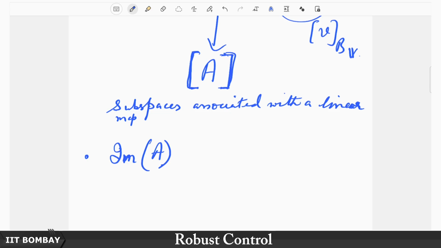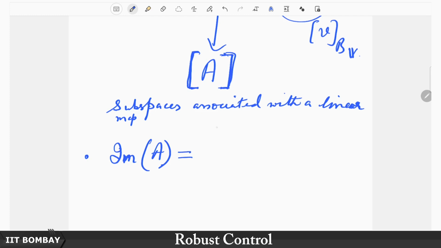I will not always be putting this box to call it a matrix. Later on, more often than not, we shall be directly dealing with matrices, because those are the most common type of vector spaces, the n tuples of numbers. Just a statutory warning, do not get alarmed if I do not always put a box across these variables to distinguish matrices from linear maps. When I am saying image of A, I am just basically talking about the linear map here. So, what is this linear map?